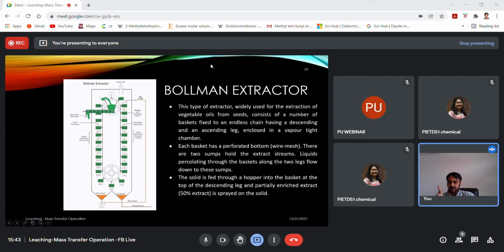Then if you observe minutely the descending leg, that is the right side one, which has 50% extract, it collects as a full extract and it is separated as an out product. From another side fresh solvent is added. Now that fresh solvent is collected as the 50% extract and it is recirculated.